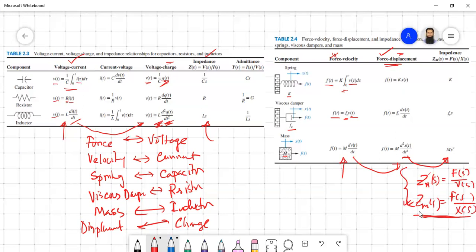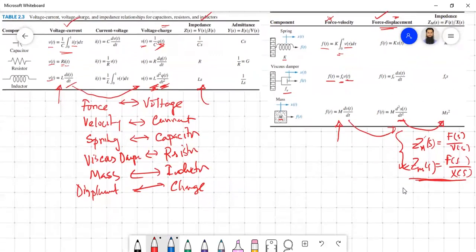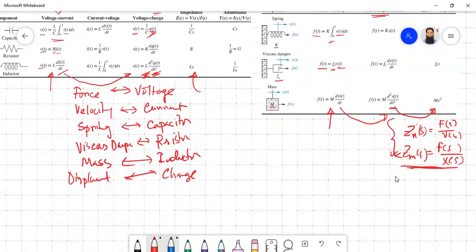Okay, so if you are interested in the mesh analysis, then this assumption is good to go, because the equation that we are taking here is actually similar to the voltage in a loop. So that will help you to take the analogy of mesh or loop analysis.